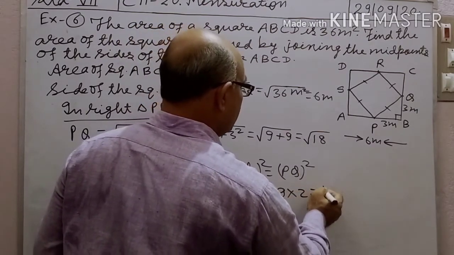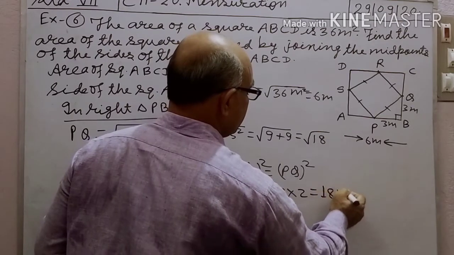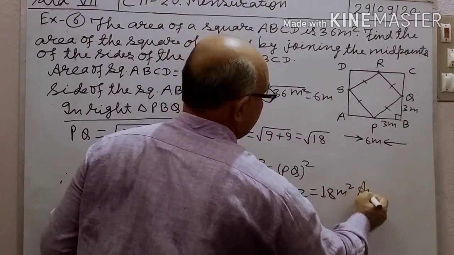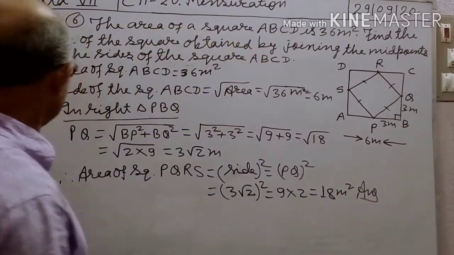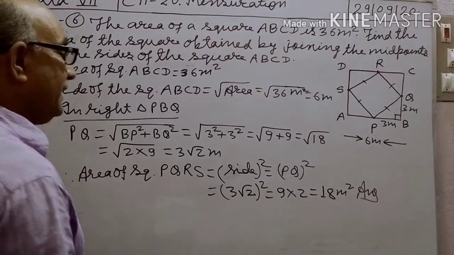So 9 into 2 is 18 meter square. Answer of this question. Understand and write it.